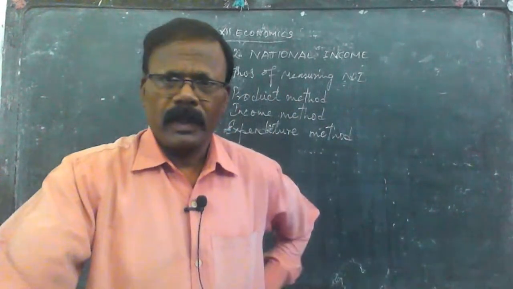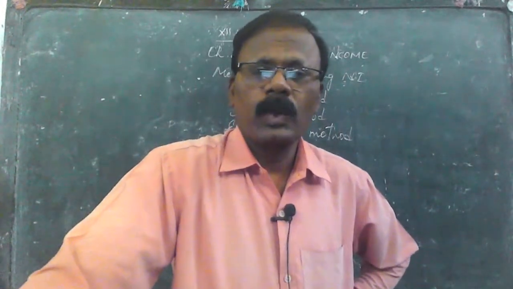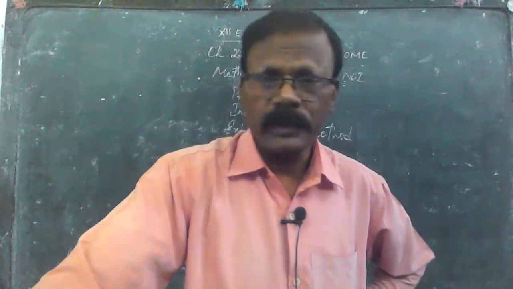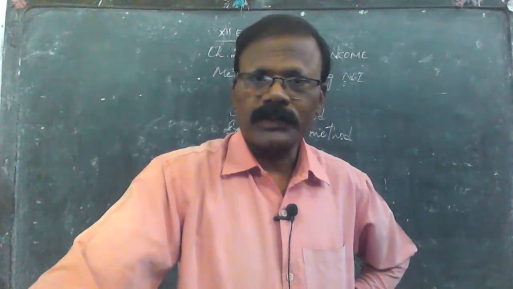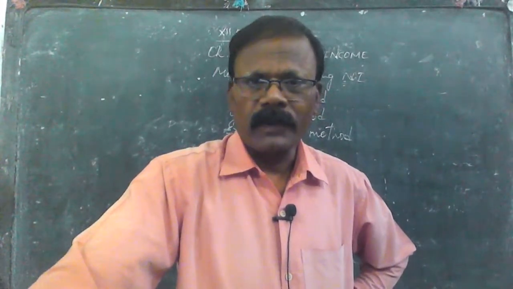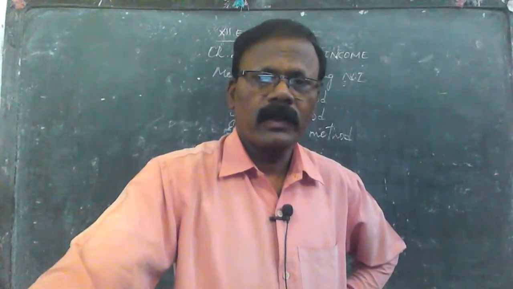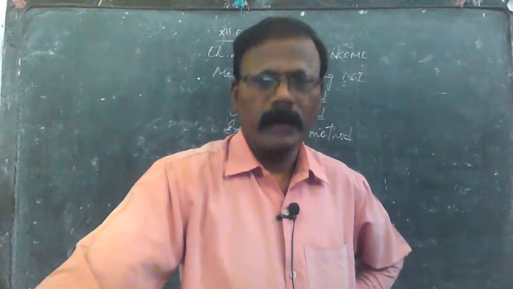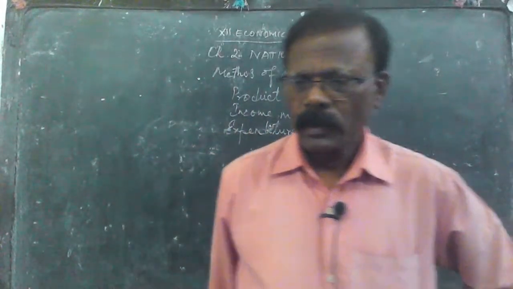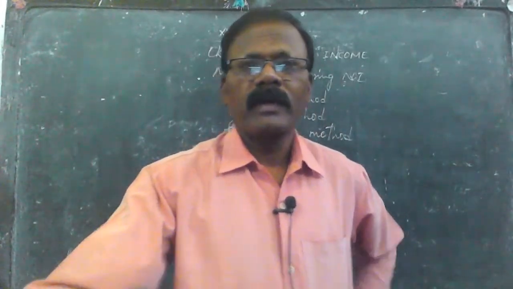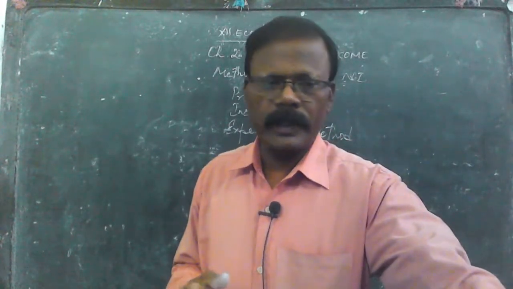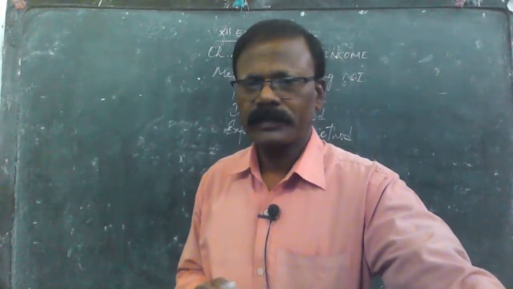Now, this estimation of goods and services follows three methods. One is the product method or value added method. Second is the income method or factor earning method. Third is the expenditure method.